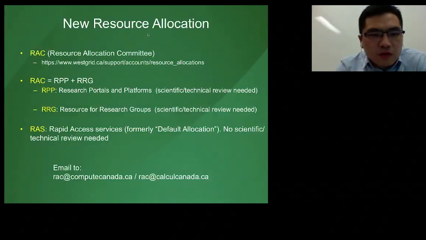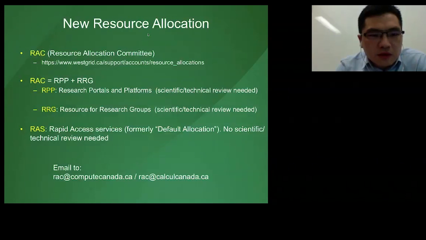If your requirement doesn't really fit the RPP, you need to apply for RRG, which stands for Resource for Research Groups. With RRG, there could be more scientific or technical reviews.